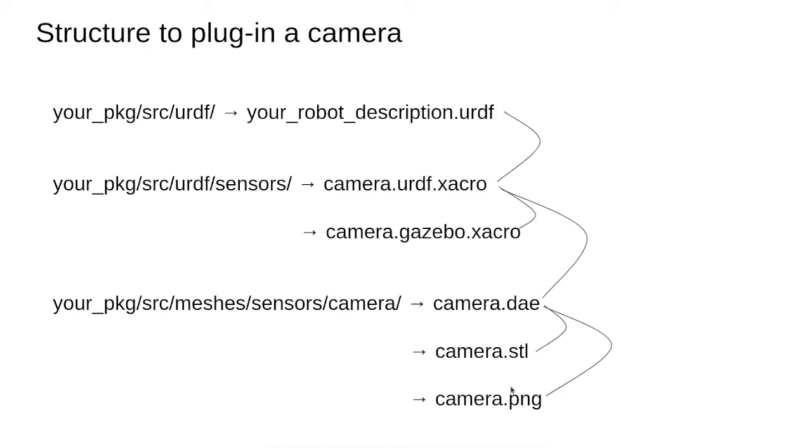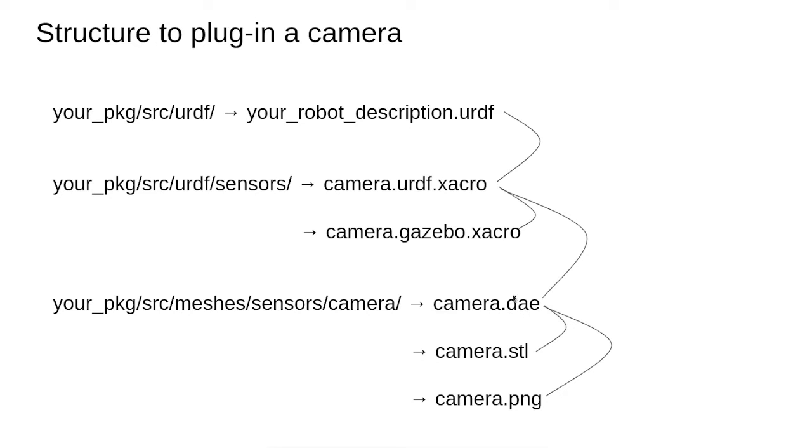So in reverse, going from the bottom upwards, we have the low-level description of the camera, which contains the STL file and the PNG.